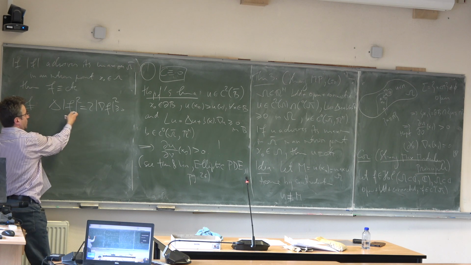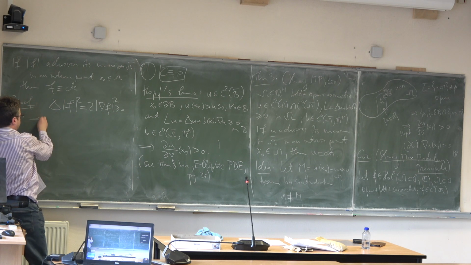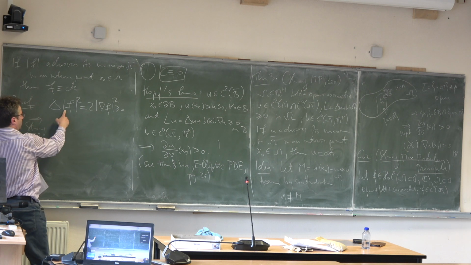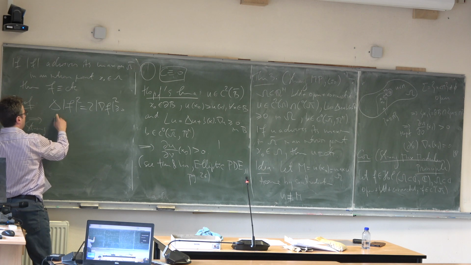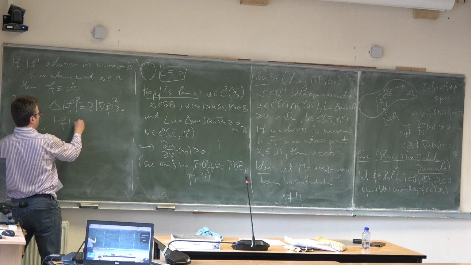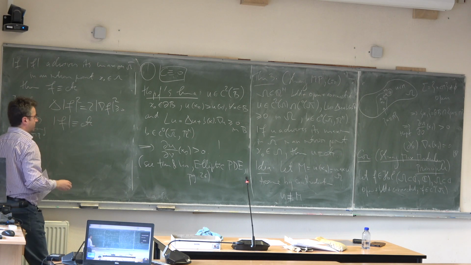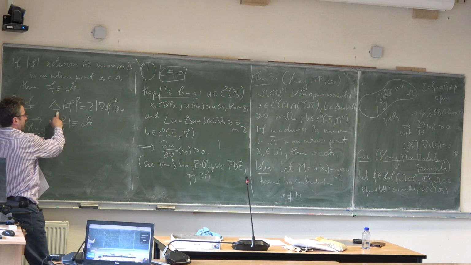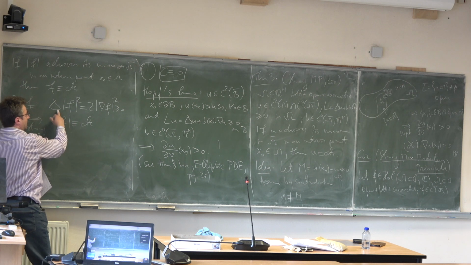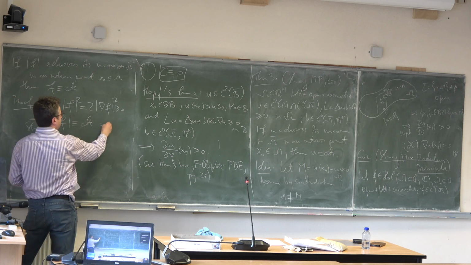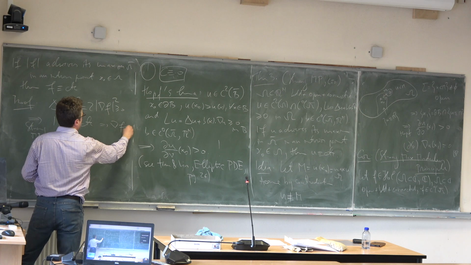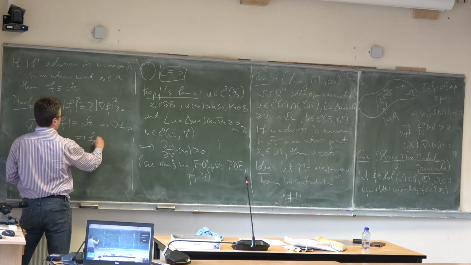Now you apply the strong maximum principle for modulus of f, and you get that modulus of f is constant. But what does it mean? It means that this is 0, so the gradient of f is 0. So this means that f is constant.